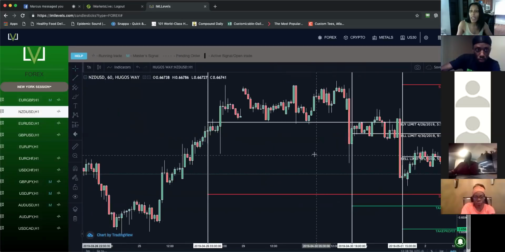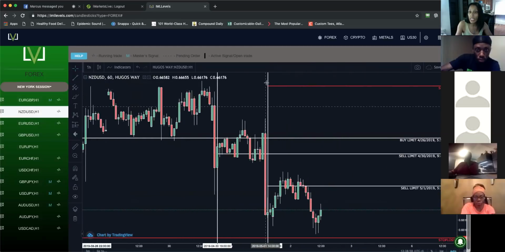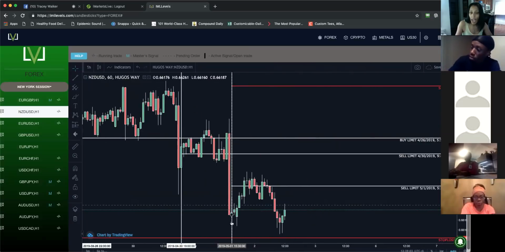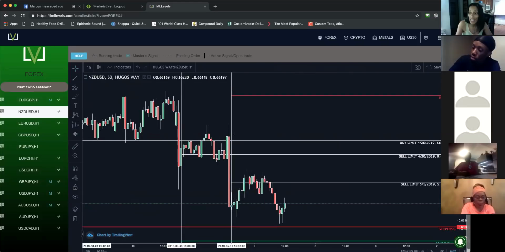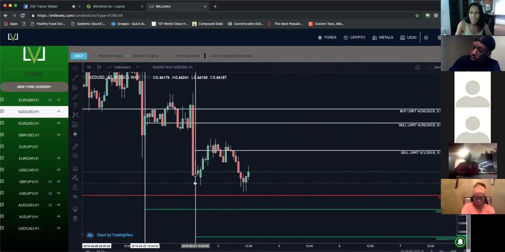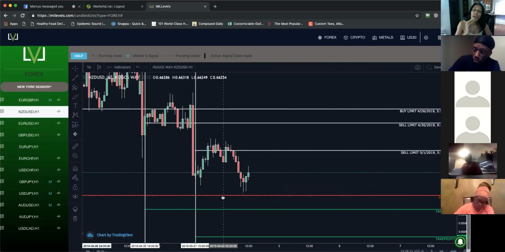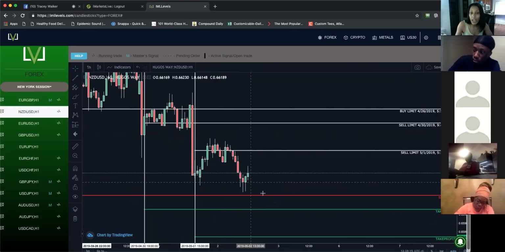NZD USD, we have a signal, our most recent white line, which is right here. Okay, up and down vertical white line. That's our signal. That lets us know that this candle that it's touching, this green candle, is the candle letting us know that we're getting ready to go into a sell movement. Okay, that's what this is designating.